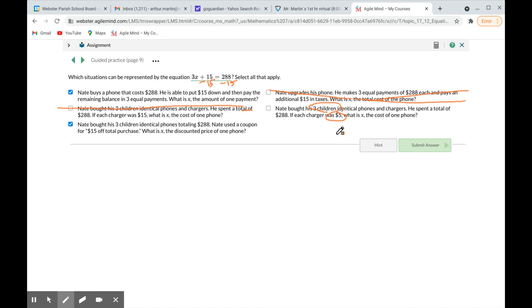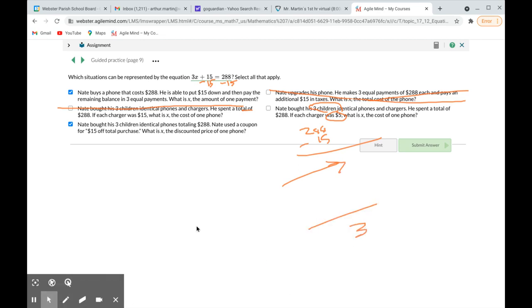And 3 times 5 is 15. So you're taking 288, subtracting 15, and then when you get that answer, you got to divide it by 3, right? So that should work.